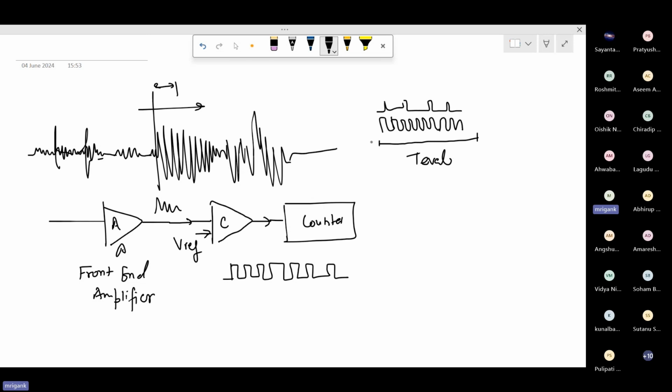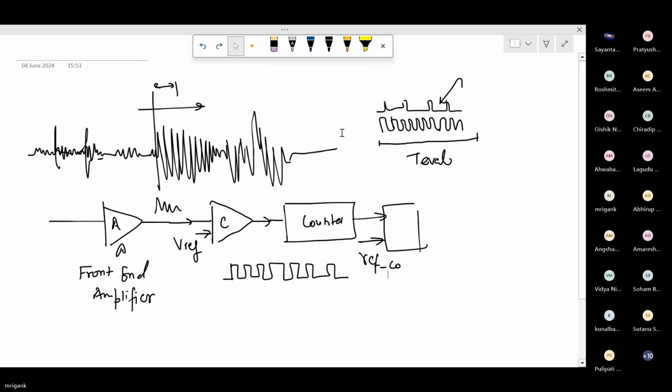So within that T eval, you have to apply a threshold on the number of these pulses. That means this count needs to be compared with a reference count. This is a digital comparator. You understand? Digital comparator, all of you know, digital electronic circuits you have studied.